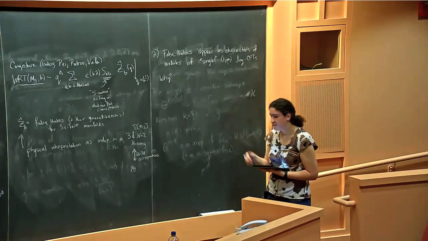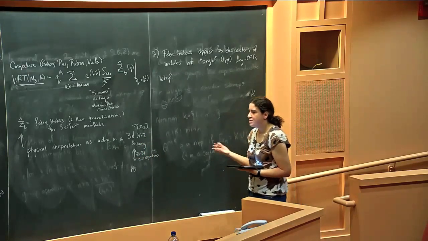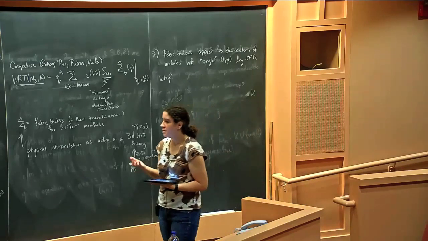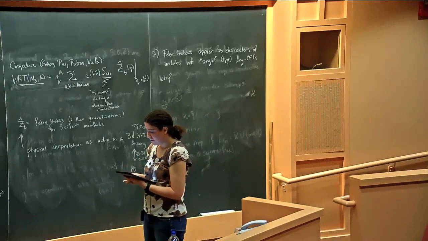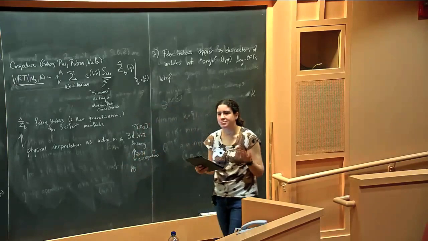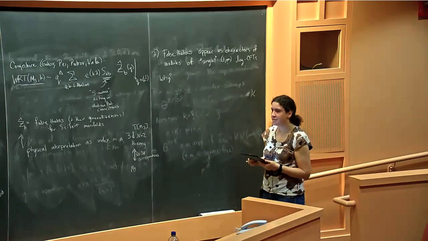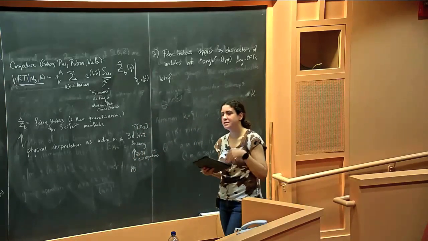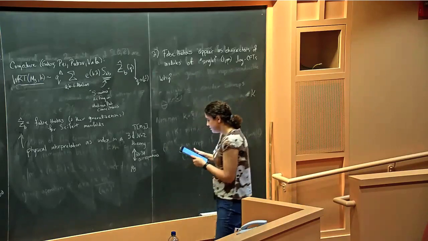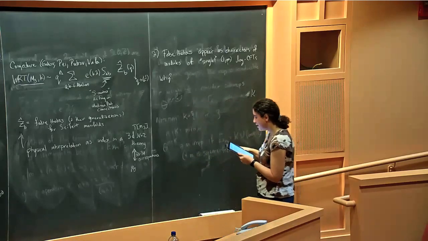The characters form a vector-valued representation. The S matrix, I mean, there's a nice Verlinde formula which relates the S matrix with the characters and the conformal blocks.